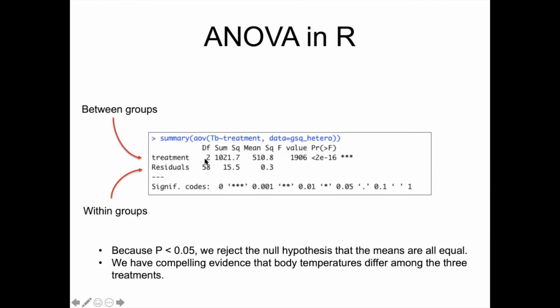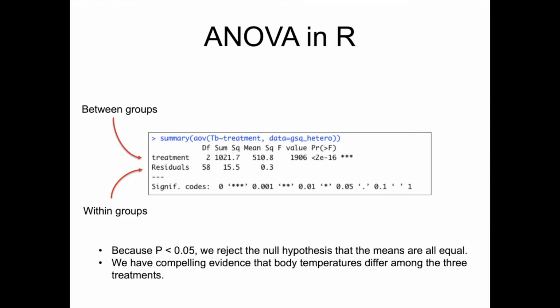So we have our numerator degrees of freedom, our denominator degrees of freedom, our between group mean squares, our within group mean squares, our F value, which is simply this divided by this, and our P value, which is in fact very small. And in this case, because we have a very small P value, we reject the null hypothesis that the means are all equal, and instead have compelling evidence that the body temperatures of ground squirrels differ among these 3 experimental treatments.